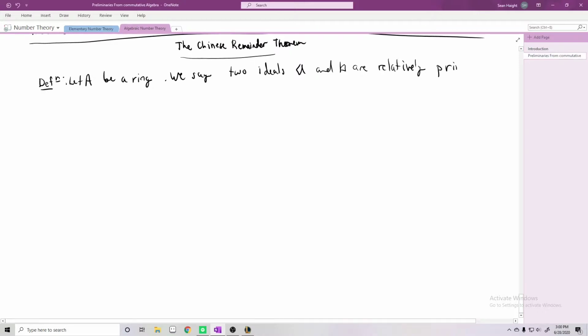What does this mean? This essentially means that their sum is the entire ring.